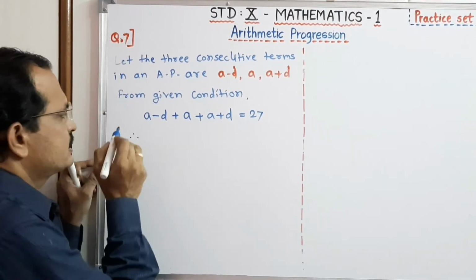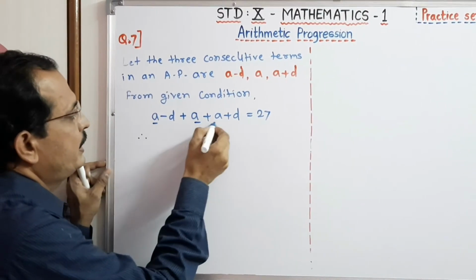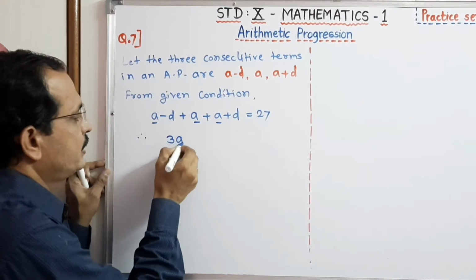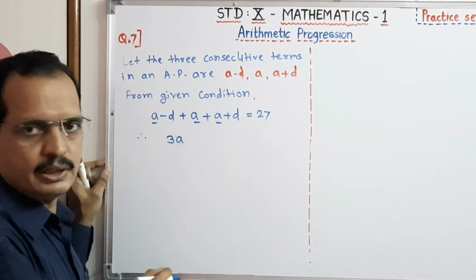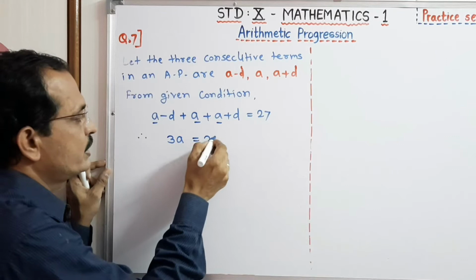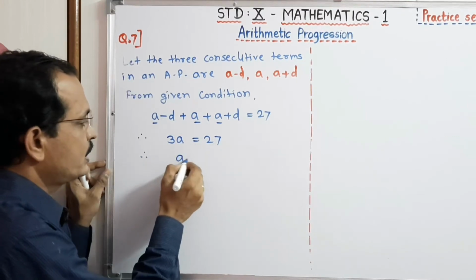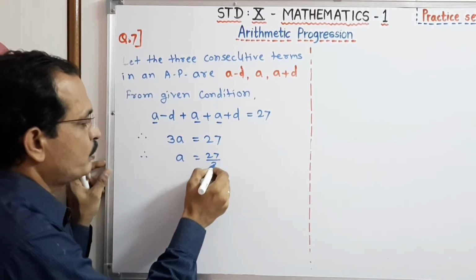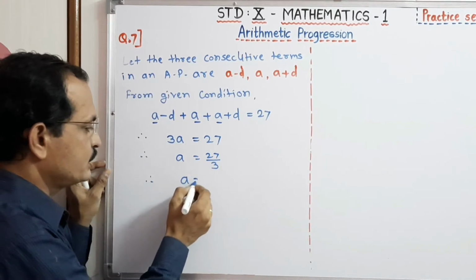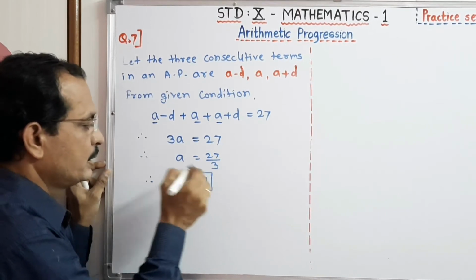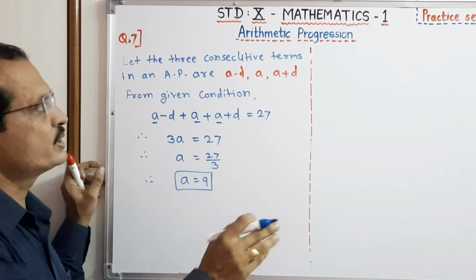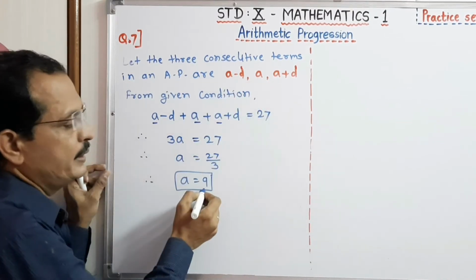We have to solve this. Therefore, this A and A, it is 3A, minus D plus D, it is 0. Therefore, it is 27. Therefore, dear student, A is equal to 27 upon 3. Therefore, A is equal to 9. Got it? We got the first term, that is A.